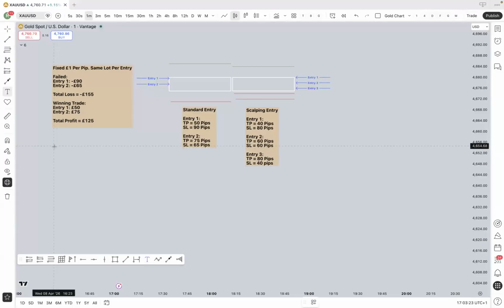Okay, so if we now split the lot per entry, this should be 50p per pip. Now it's pretty obvious what will happen in this instance: you are just going to halve the previous results.